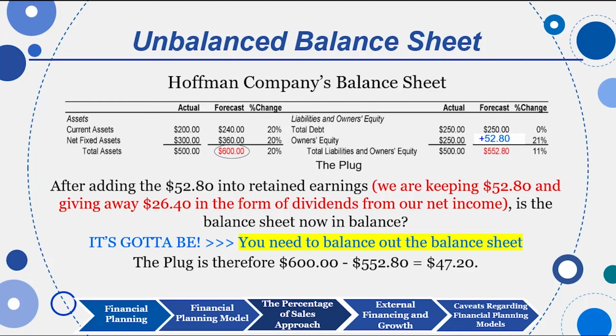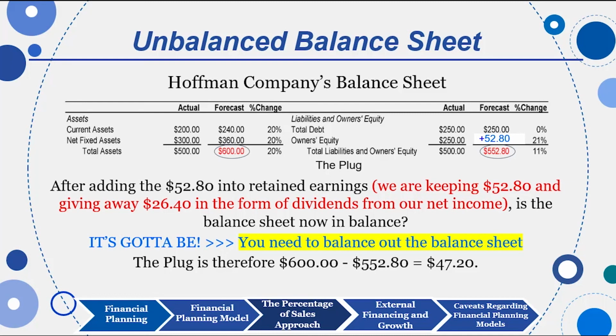And then I'll ask myself again, am I balanced on this balance sheet? And the answer is no, I am not balanced. I must plug in $47.2 million to balance this balance sheet, and that will be my plug for external financing needed, simply by taking 600 minus 552.8, and the 552.8 is gotten by taking my total debt plus total equity.